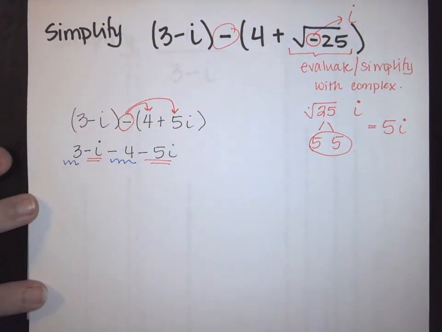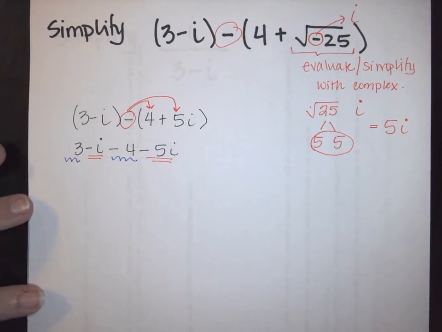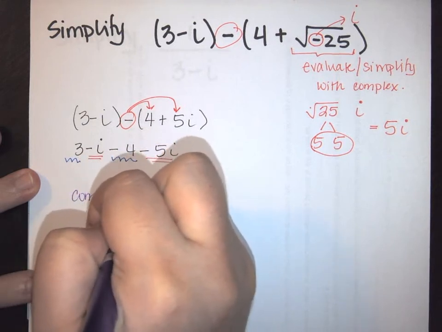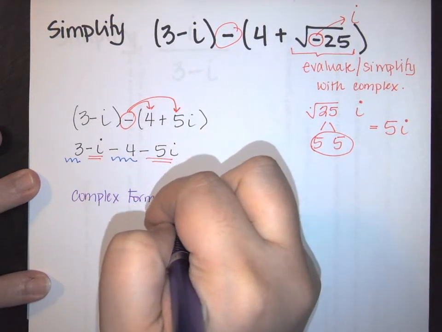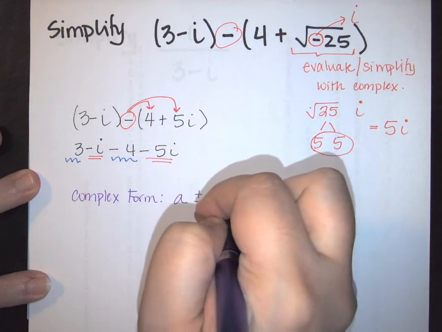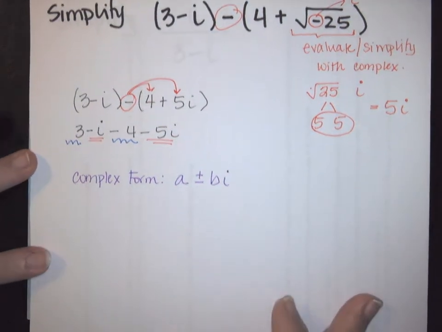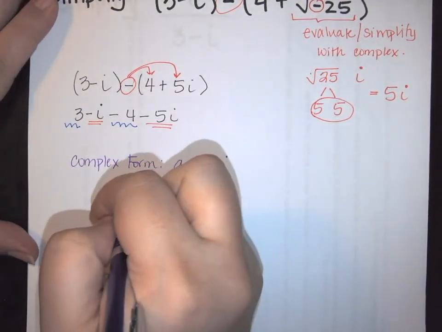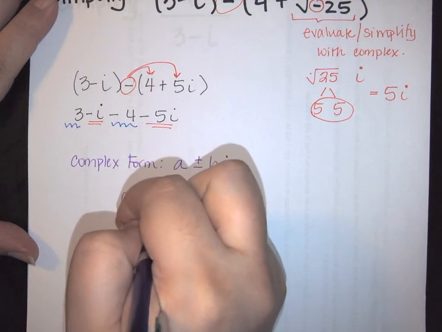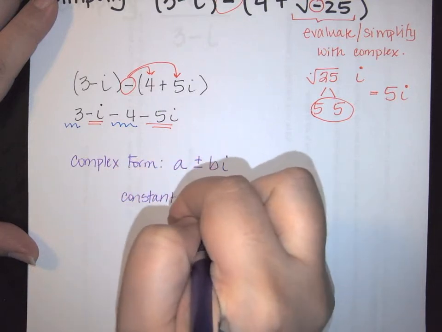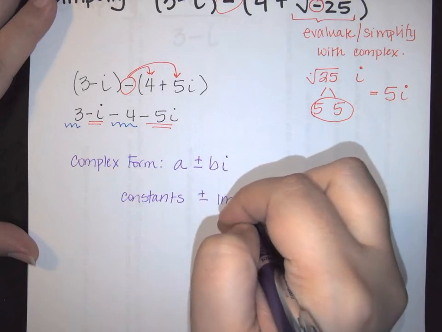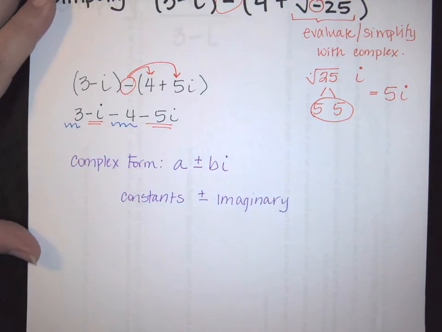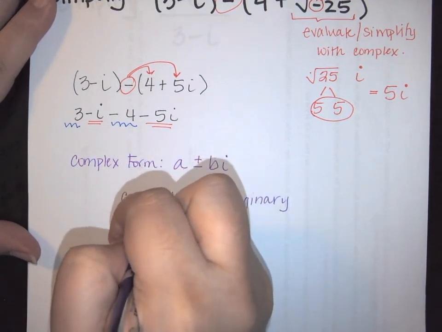And what we need to remember is that your complex number or complex form must be A plus or minus BI, always. So in this case, what that means is you're going to write your constants first, constants plus or minus your imaginary. Now another word for your constants is real.